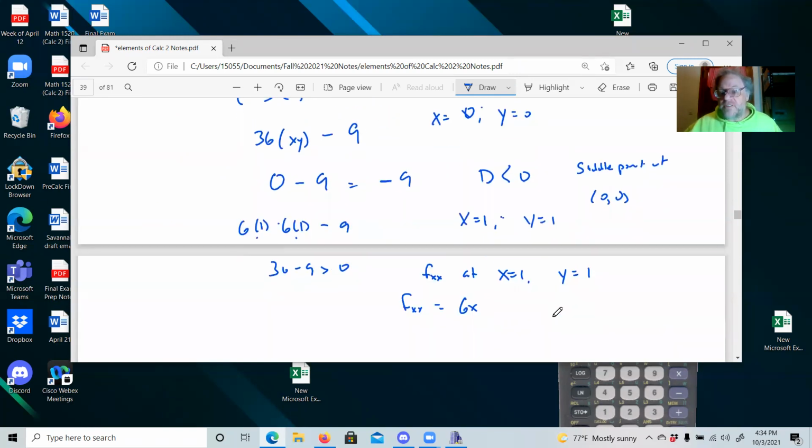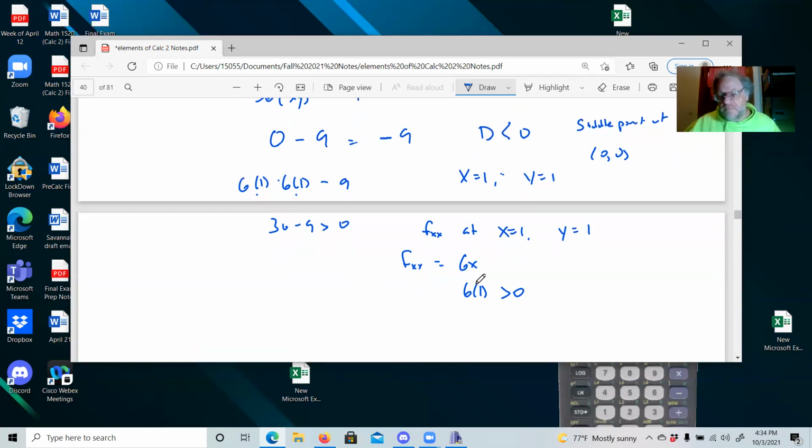When x is 1, 6 times 1 is a positive number. So the determinant is greater than 0, and f_xx is greater than 0.